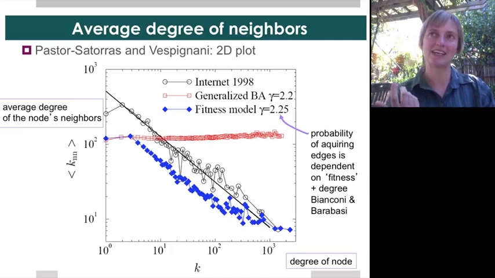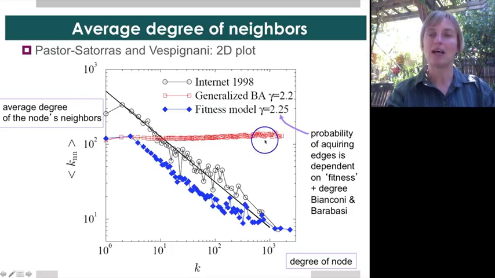Do you remember how I said you can test your models by doing additional measurements? Well, here's an additional measurement that the regular Barabási-Albert preferential attachment model fails. It has no trend in the average degree of the neighbor as a function of the degree of the node. But if we look at the physical internet, the average degree of the neighbor falls the higher the degree of the node.